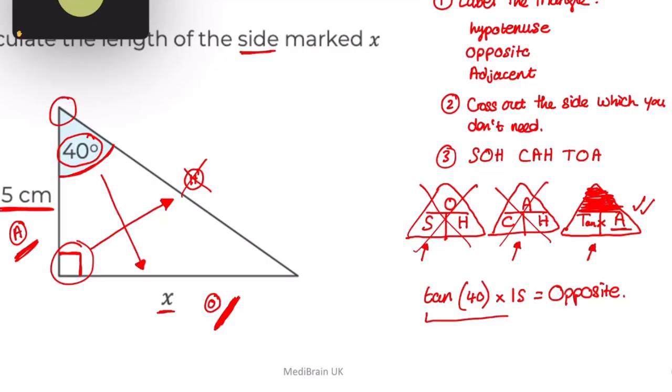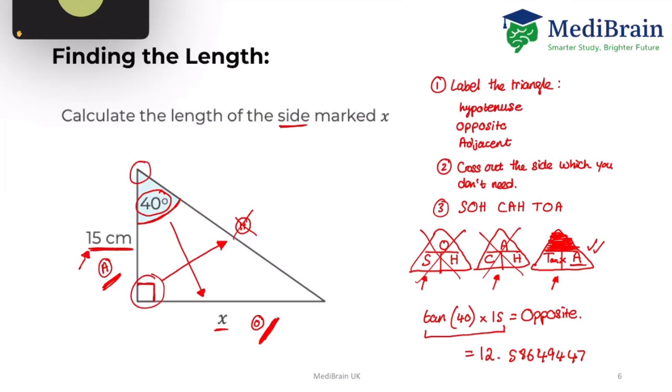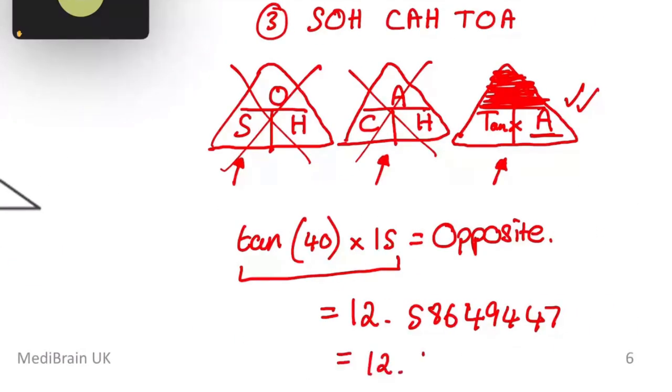Okay, so you're going to type this into your calculator, and that will get you an answer of 12.5864947. Okay, and we're just going to leave our answer to one decimal place. Okay, so it's going to be 12.6 to one decimal place.